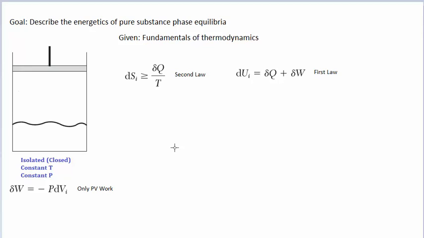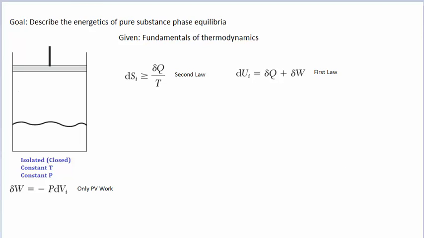There are many other kinds of work you could have. You could have shaft work, you could have mechanical work, but we're saying the only work that is possible for the system to do right now is going to be compression-based work. So either expansion or compression to let this, I guess, piston go up or down. That's the only kind of work the system is allowed to do.